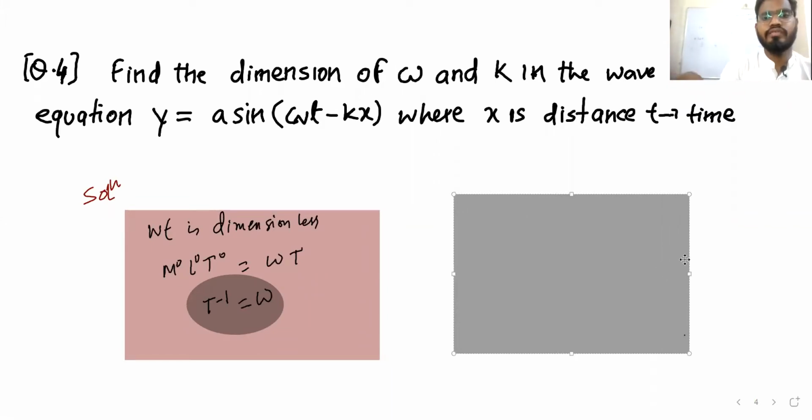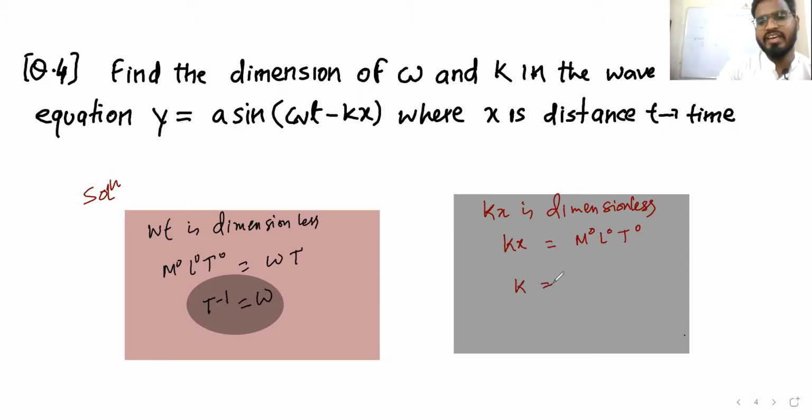Let's see the dimension of kx. Again, kx is dimensionless. So that also we should see here. kx is equal to M0 L0 T to the power 0, right?